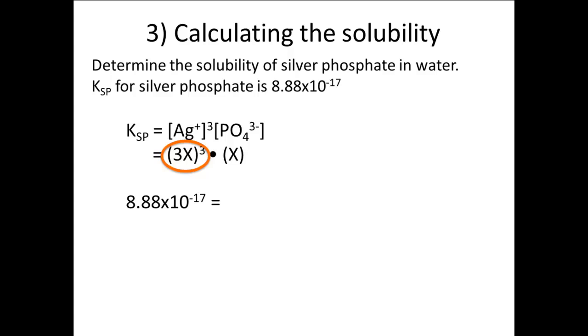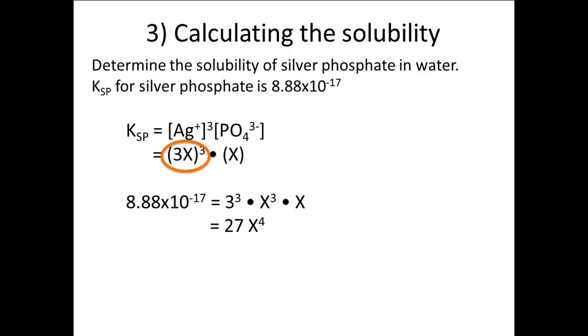You need to remember that when we cube the term, we cube each part of the term. This gives us 3 cubed times X cubed for the silver ion times X for the phosphate ion. This equals 27X to the 4th.